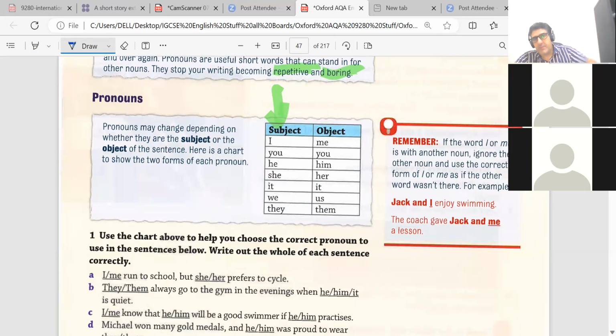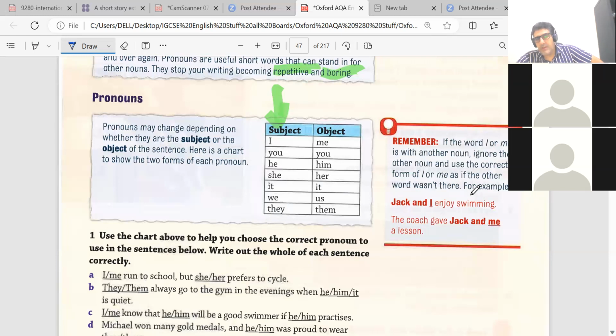What about I and me? Sometimes you can find some confusion. Some students make silly mistakes like this. They use the pronoun in a wrong way. If the word I or me is with another noun, ignore the other noun and use the correct form of I or me. For example, Khalid and I are friends.